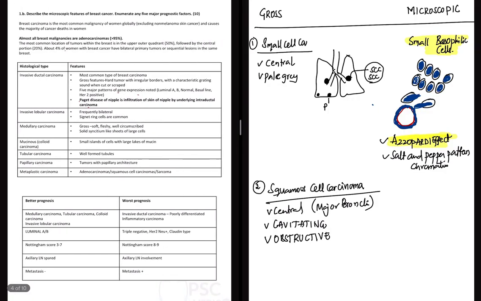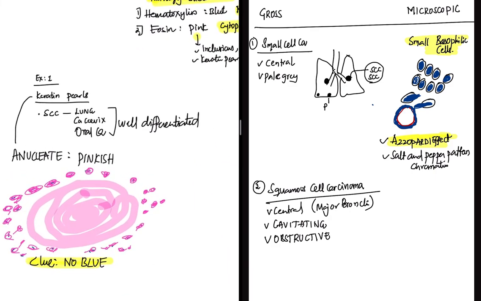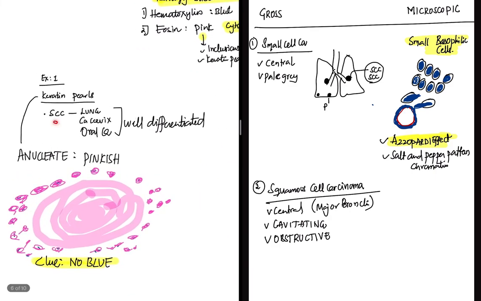Now coming back to the microscopic appearance. I have told you many times, squamous cell carcinoma is seen in the lung, in the cervix, and in oral carcinoma. I am just limiting myself to the syllabus. In the UPSC syllabus, if there is any squamous cell carcinoma and it is well differentiated, only well differentiated squamous cell carcinomas show a characteristic microscopic appearance: keratin pearls, which you need to draw.